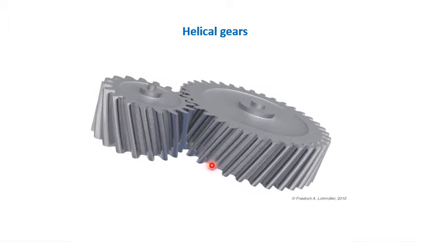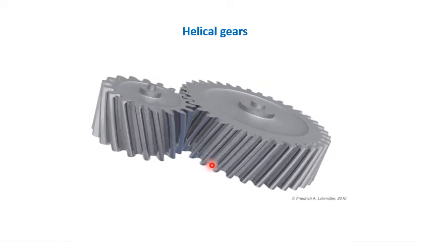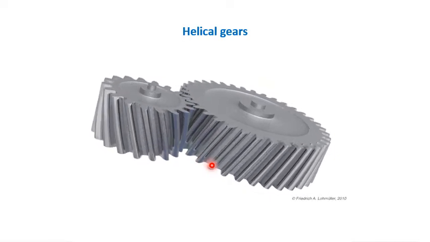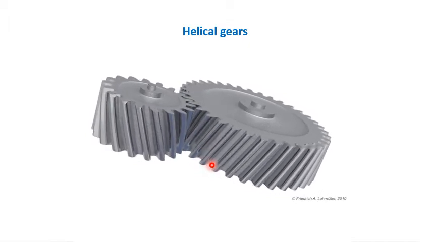Next, what are its disadvantages? Helical gears are difficult to manufacture as compared to the spur gears because it involves some angular cutting of the teeth.